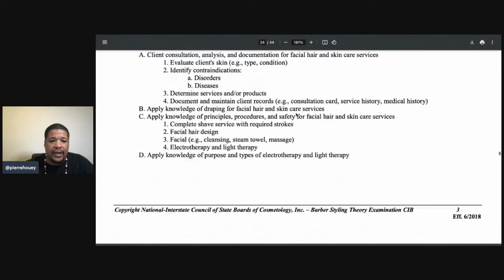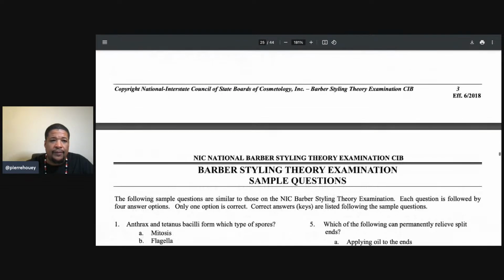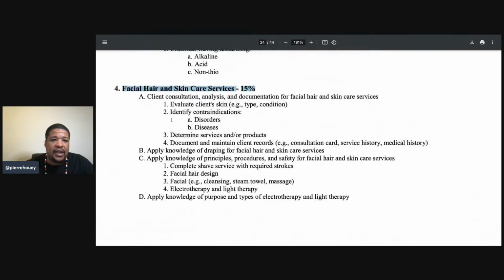You have 4 points of contact: A, B, C, and D. Let's talk about each one. A, client consultation, analysis, documentation for facial hair and skincare services. Number one, evaluate the client's skin, the type of skin, the condition of the skin.